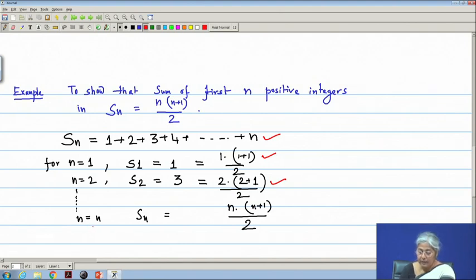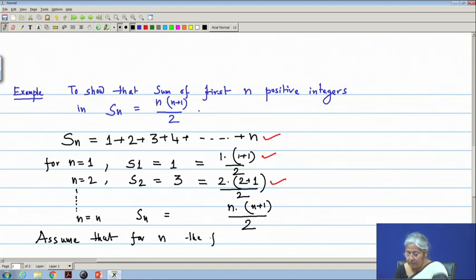For n equal to n, we assume that the formula for Sn, Sn equal to n into n plus 1 by 2, is true.